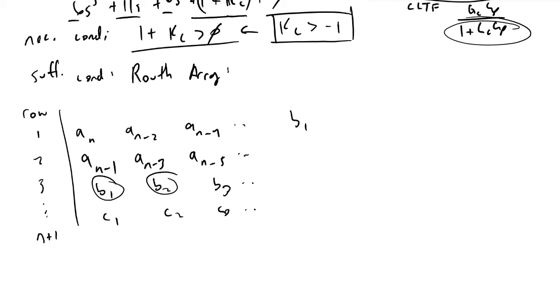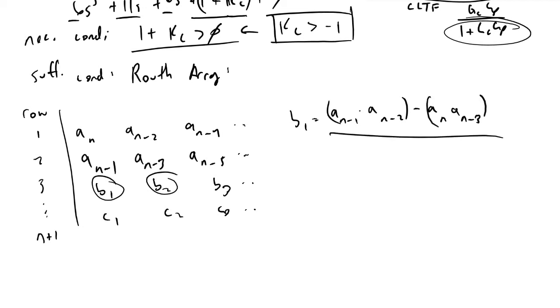So b1 is equivalent to a sub n minus 1 times a sub n minus 2, quantity minus a sub n times a sub n minus 3, and we're going to divide this term by a sub n minus 1.